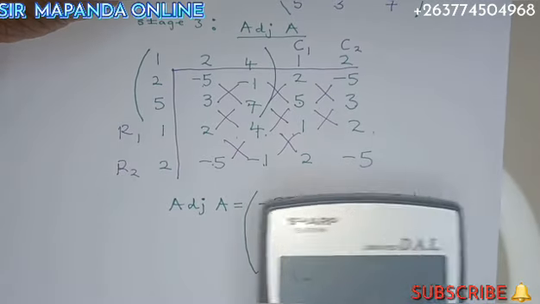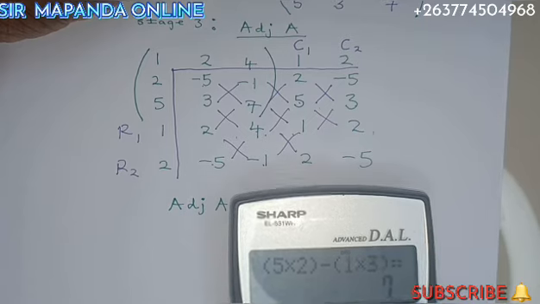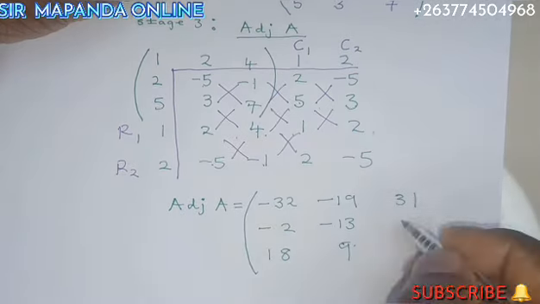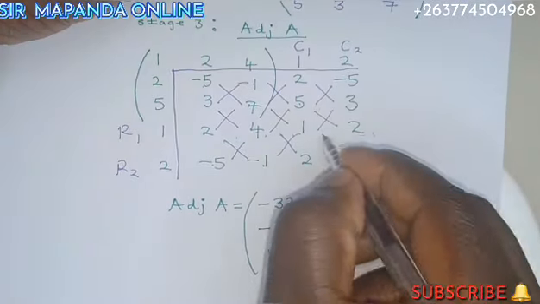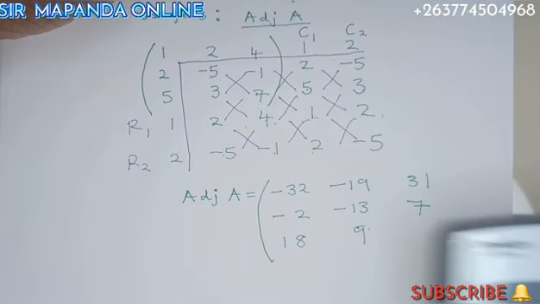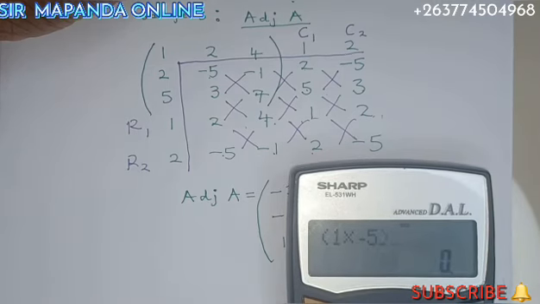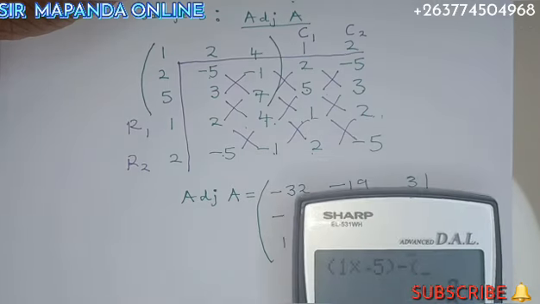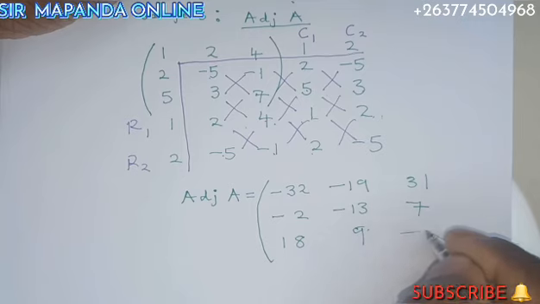So you are saying 5 times 2 minus open bracket 1 times 3. You get 7. I'm going to write 7. Then the last one is 1, 2, 2, and minus 5. So you are saying open bracket 1 times minus 5, minus open bracket 2 times 2. You get minus 9. You write minus 9.